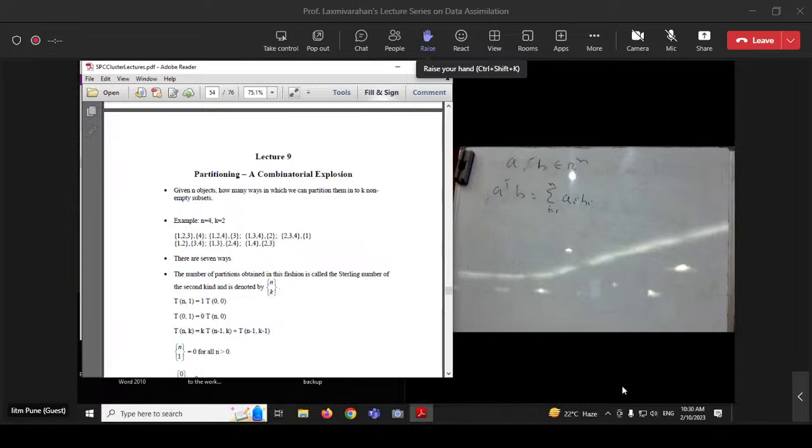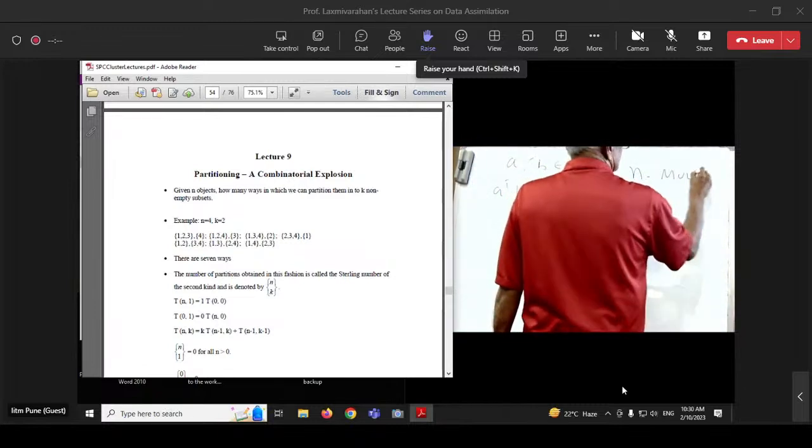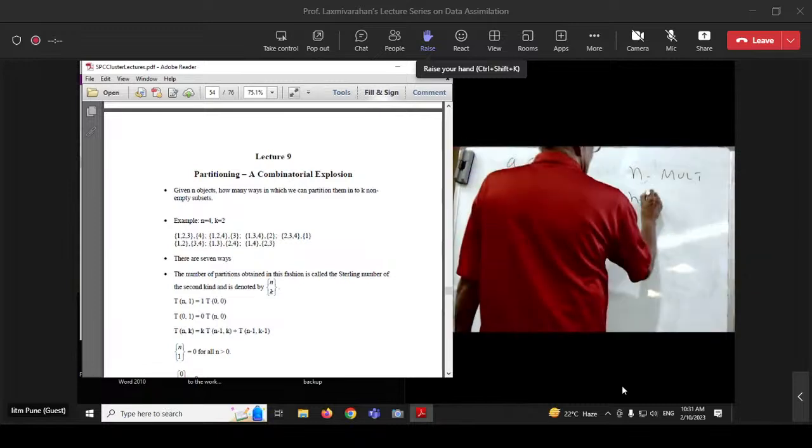I have to perform n multiplications. Then I get n numbers. To add two numbers, I need one addition. To add three numbers, I need two additions. To add n numbers, I need n minus one additions. So in principle, I should be able to do it with n minus one.